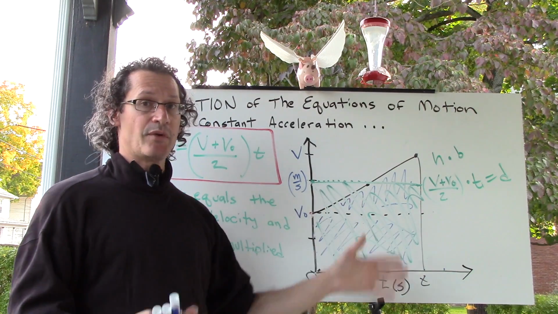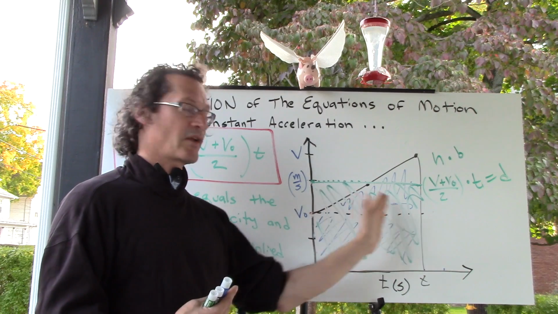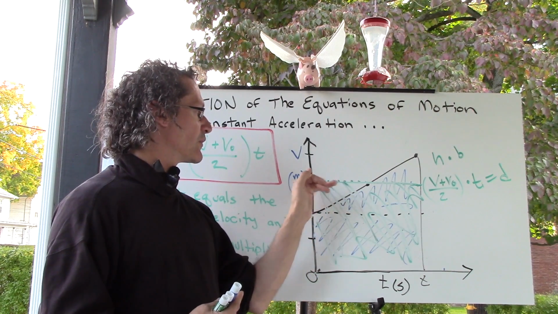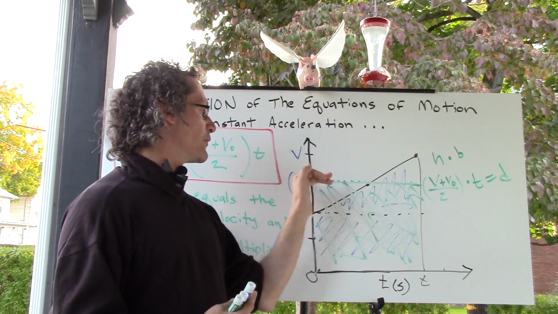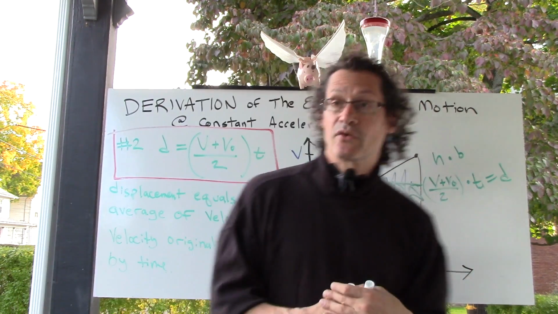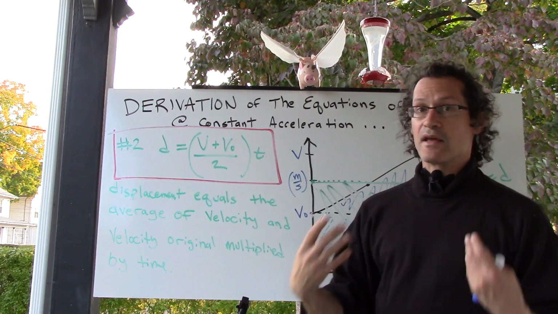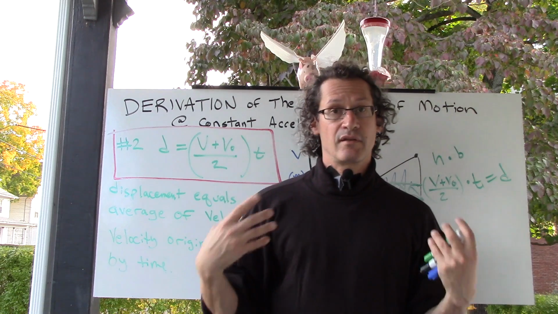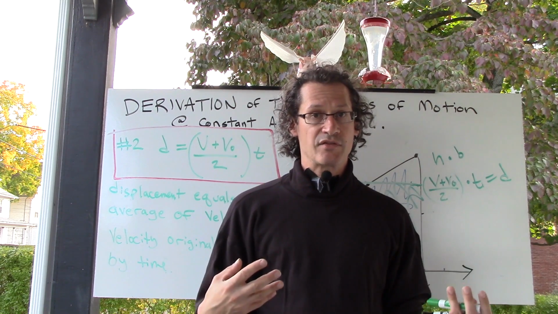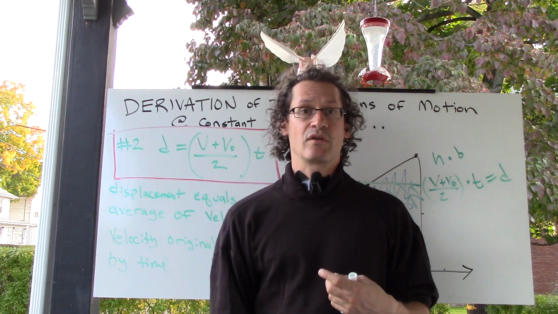So really what we were doing in the patterns and proofs initial activity was finding the area underneath the shape over here with the average velocity, and that's how far he went. Okay, so that's this equation over here. d equals v plus v naught over 2 times t. Again, it comes from analyzing the shapes within a velocity versus time graph.